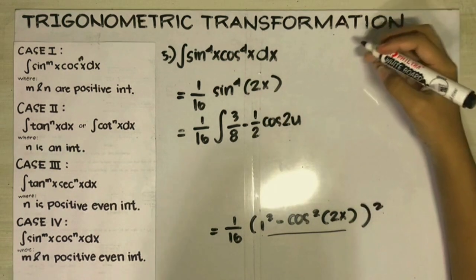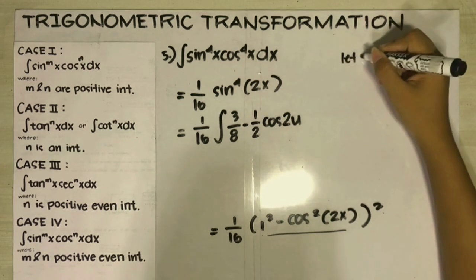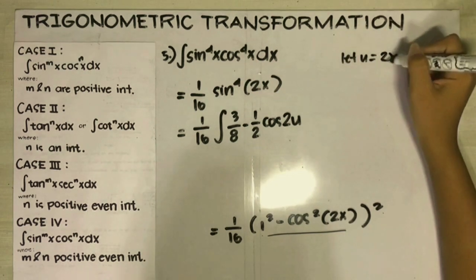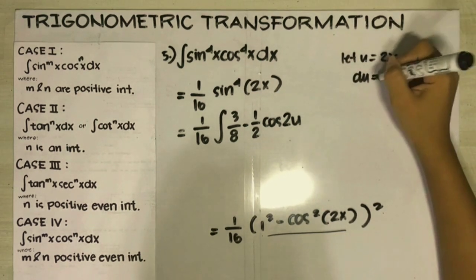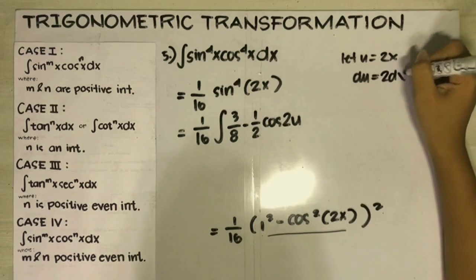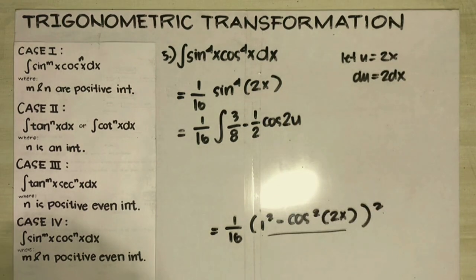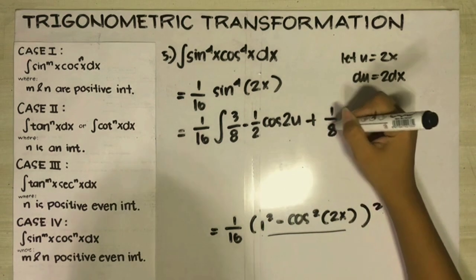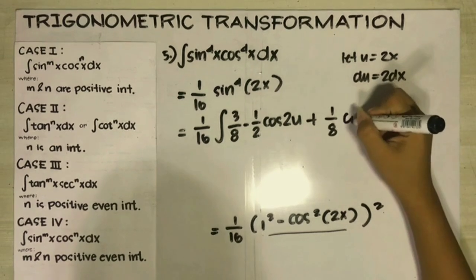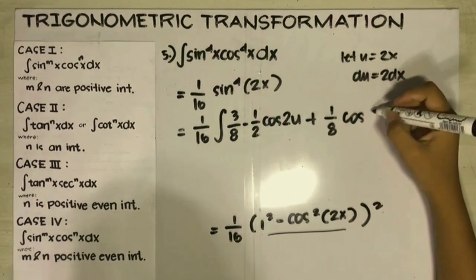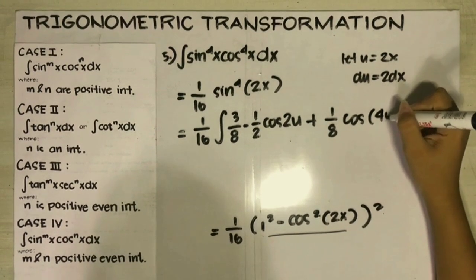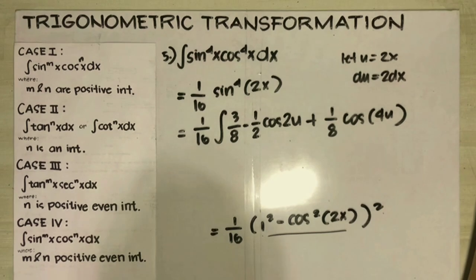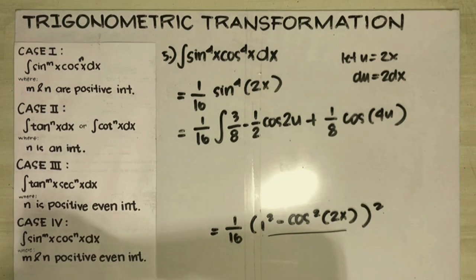Now we'll let u equal 2x. So our du is 2 dx. So now we have 1 all over 16 times the integral of 3 all over 8 minus 1 half cosine 2u plus 1 all over 8 cosine 4u.